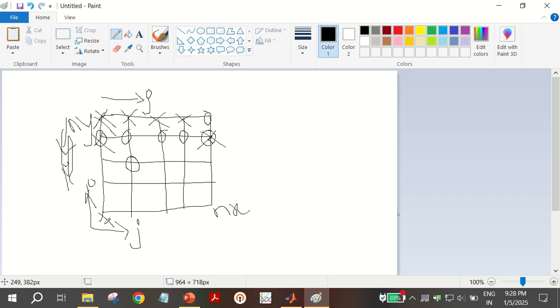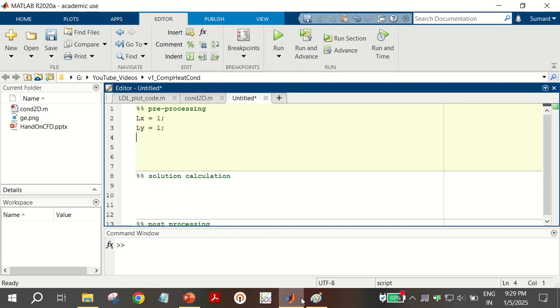So this should sum it up, and you divide this whole 1 to nx into an equal number of parts called del x, and 1 to ny into an equal number of parts called del y, for the uniform grid which we are discussing as of now. That's the fundamental thing. Let us try to write that.